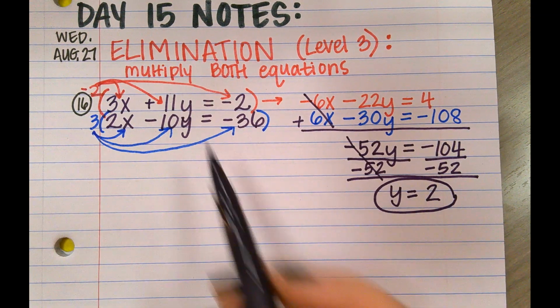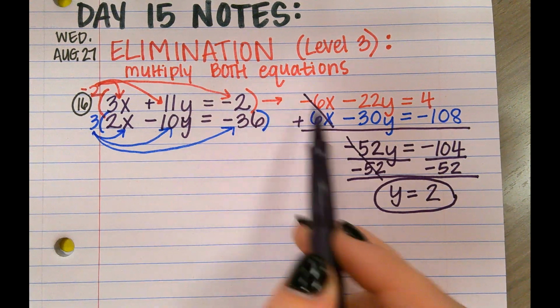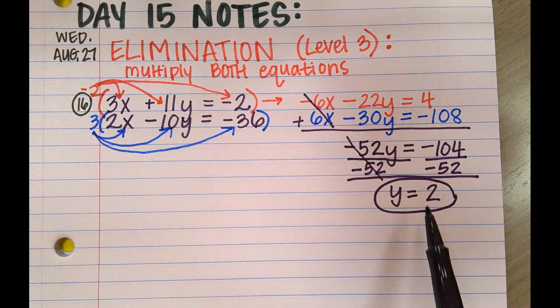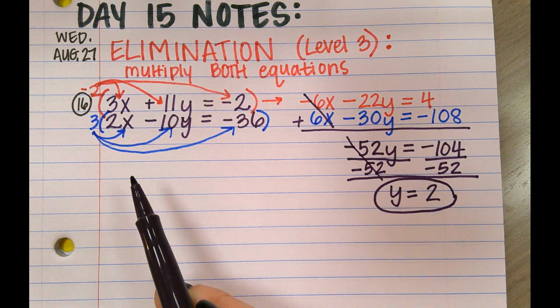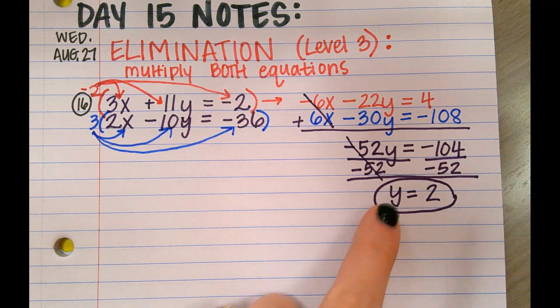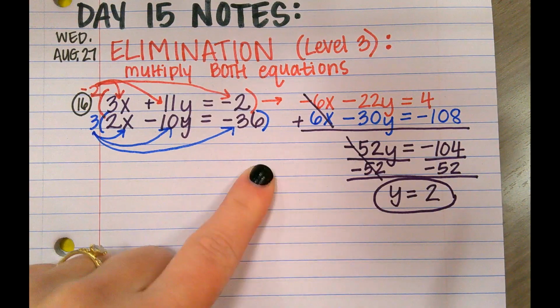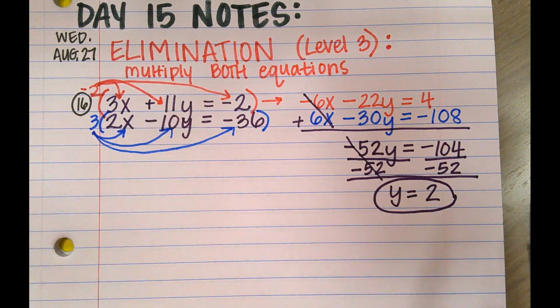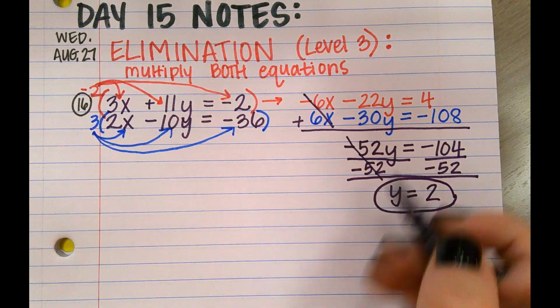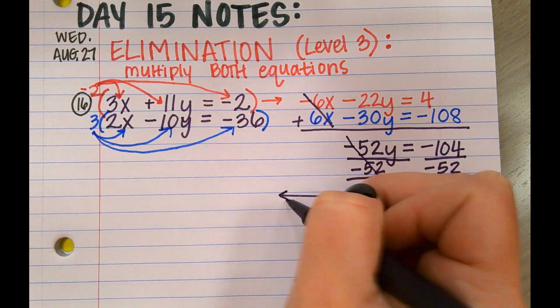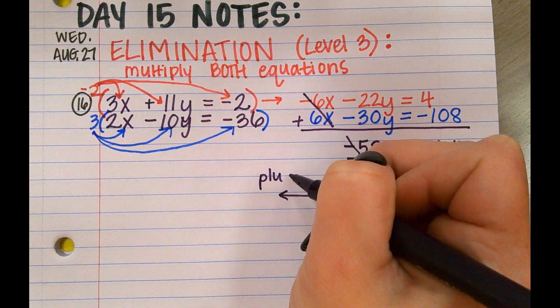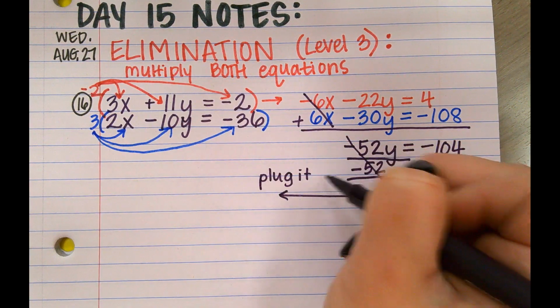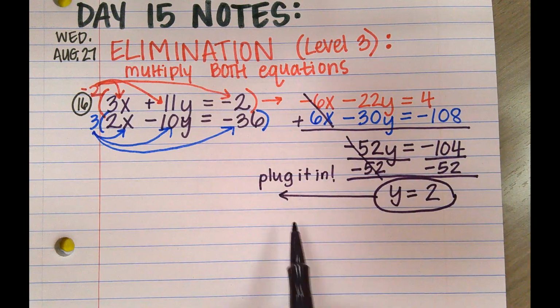So we've done our elimination. We eliminated x. We have a y value. Let's plug it back in and solve for x. Either one of the original equations. I was thinking the top problem because that's more possible. Okay, let's do the top one. Plug it in.